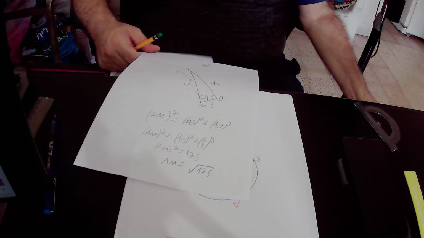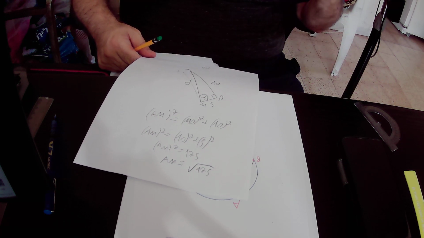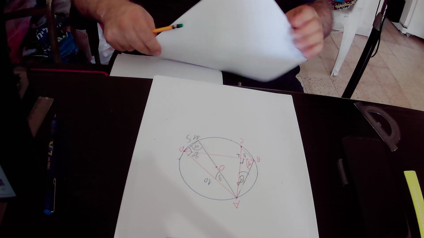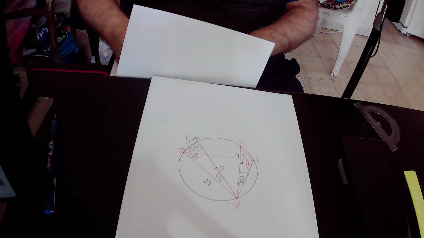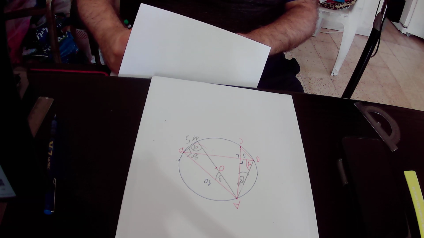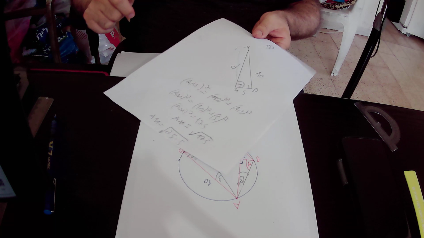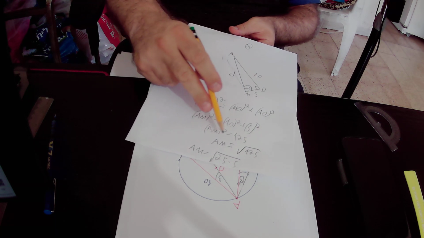But 125 equals 25 times 5, yes? Okay, 125 equals 25 times 5.